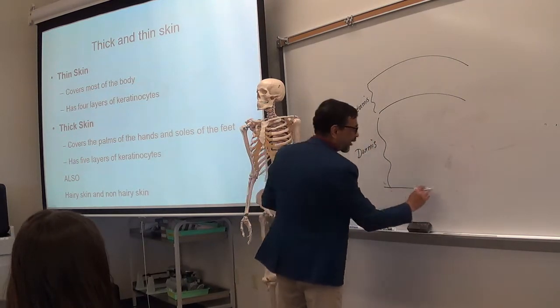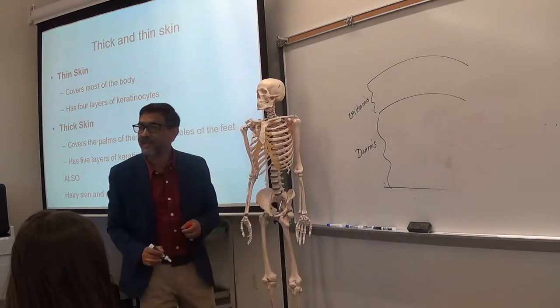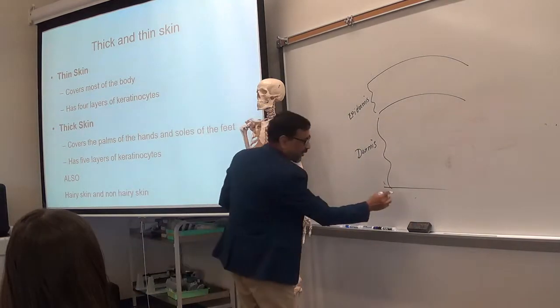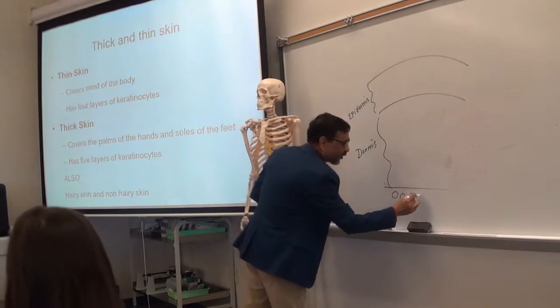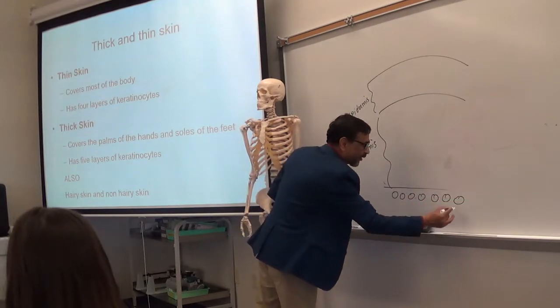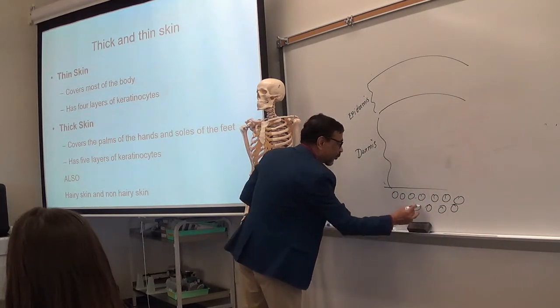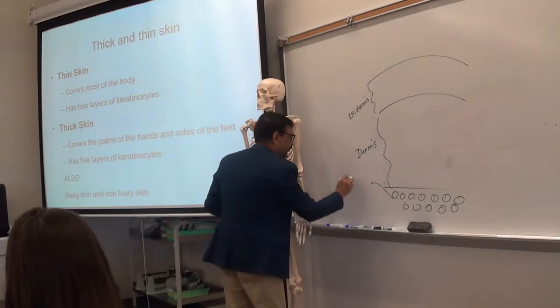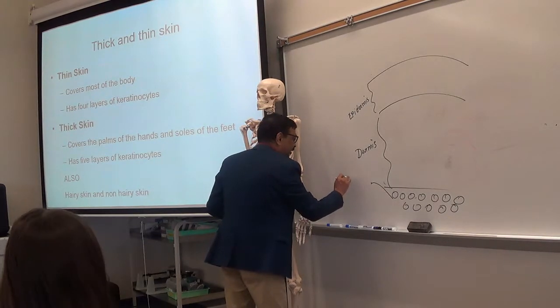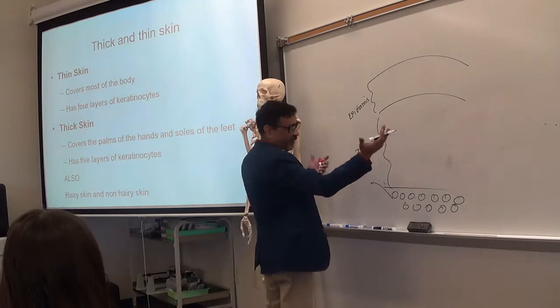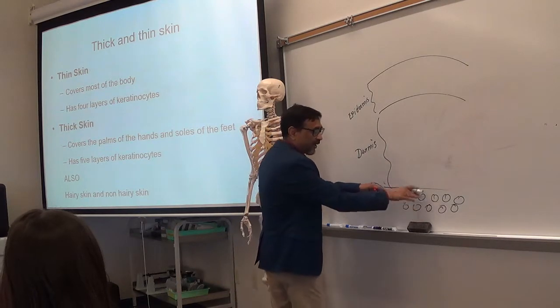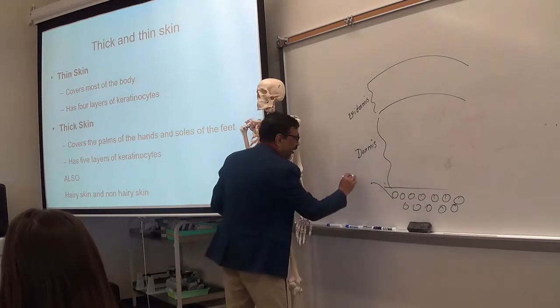Under the skin, you have a layer which is not a layer of the skin, remember, that is called hypodermis or subcutaneous layer. Sub means under, cutaneous means skin. So it is under the skin, it is not a part of the skin.